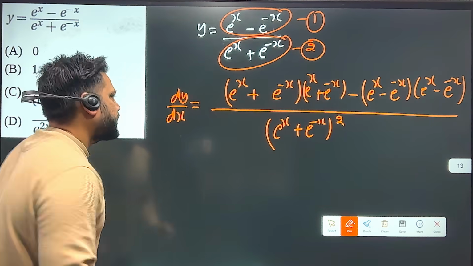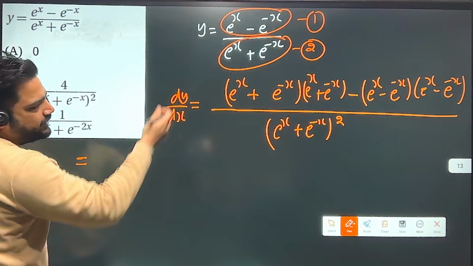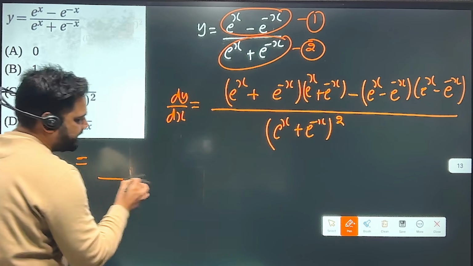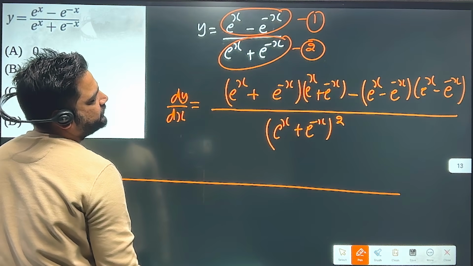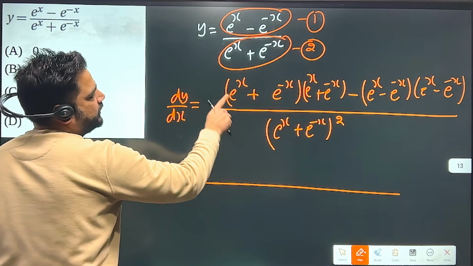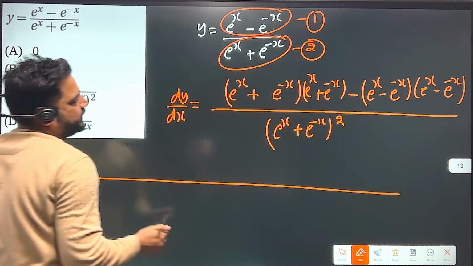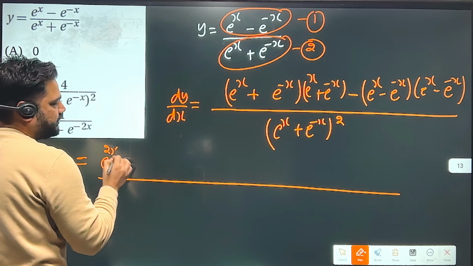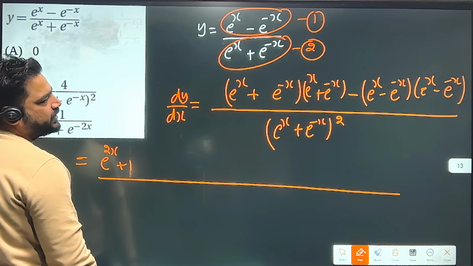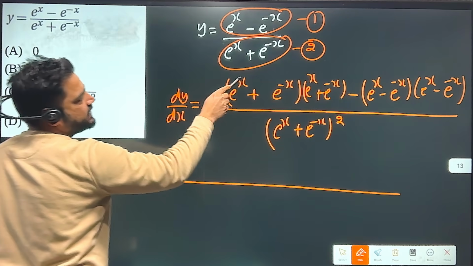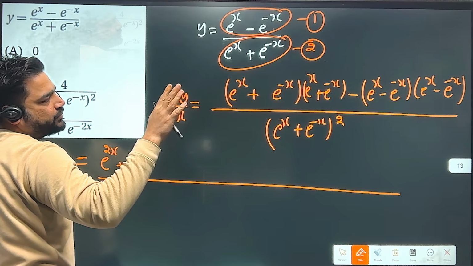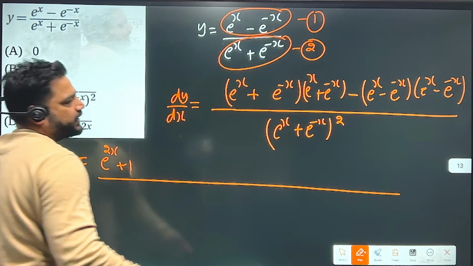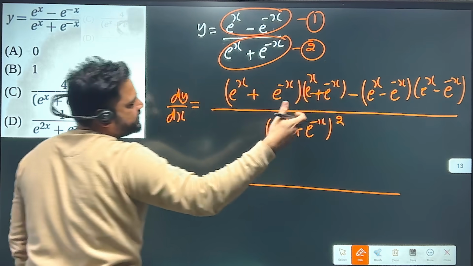Now solve it, multiply them and tell me what is the answer. If you multiply all these terms, e power x multiplied here will be e power 2x plus 1. Why 1? Because if you multiply e power x with e power minus x, the power will be x minus x, which is 0, and any term power 0 is 1.